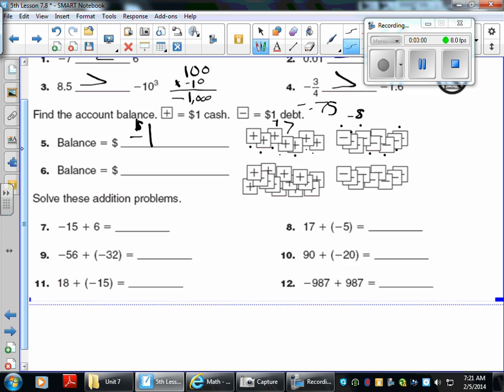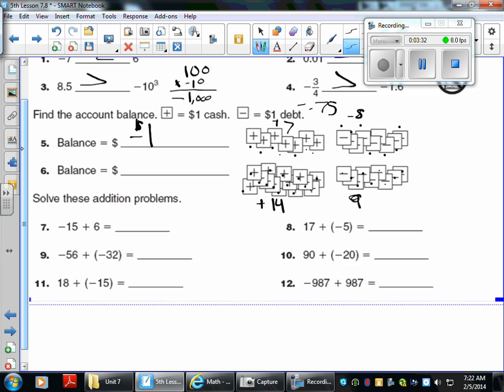The next problem, I have 1, 2, 3, 4, 5, 6, 7, 8, 9, 10, 11, 12, 13, 14. I have 14 in the positive. And 1, 2, 3, 4, 5, 6, 7, 8, 9.